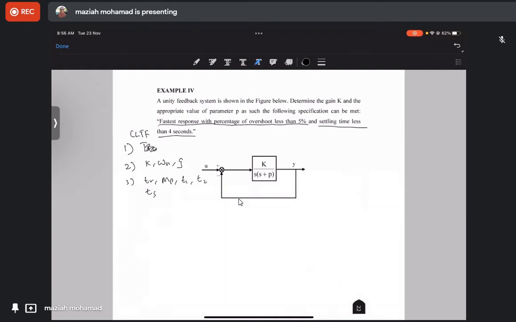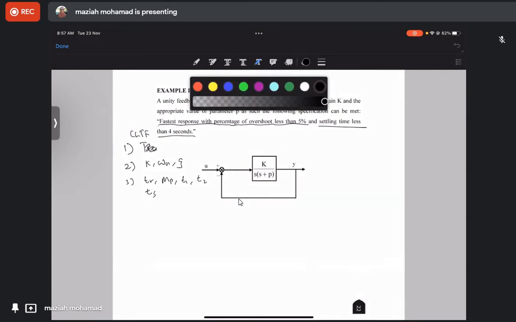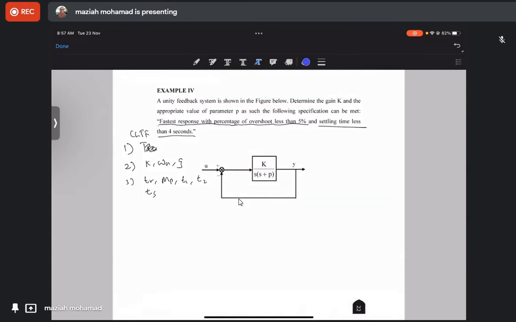We know the equations for settling time and overshoot. MP is equal to exponent negative zeta pi over square root 1 minus zeta square.